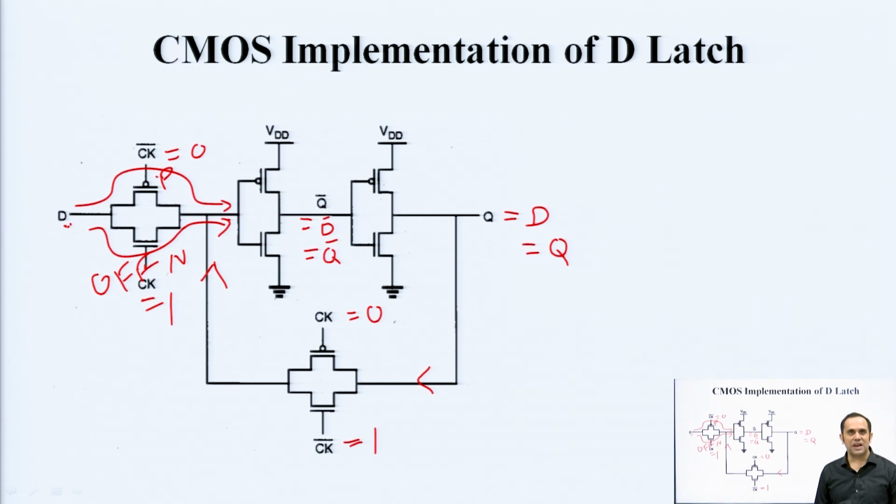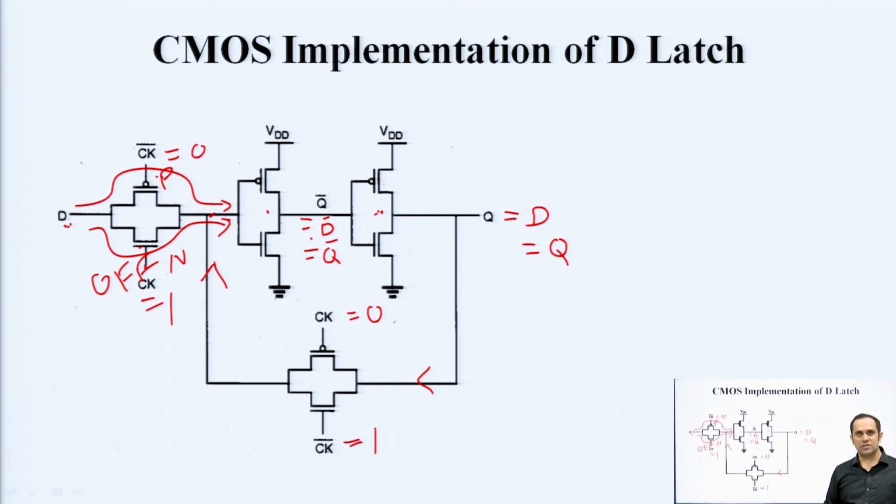So, what is basically happening? The passed output is getting latched and held. When the clock is high, when the clock is enabled, this switch allows D to enter, but this switch disallows Q to enter. So, if D enters, it first gets inverted here and then it again gets inverted, so that the same input gets written to the output.